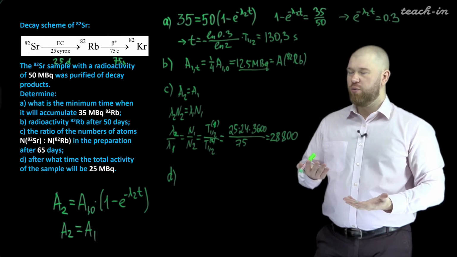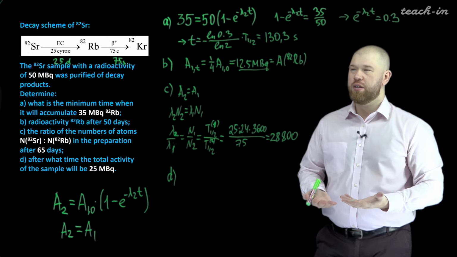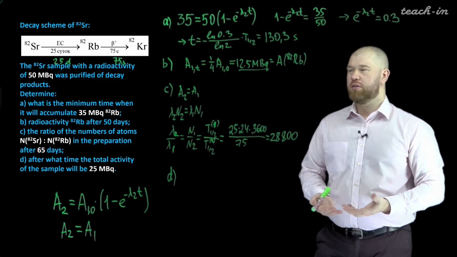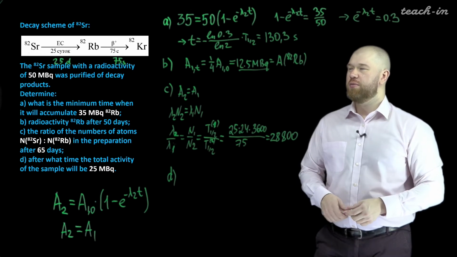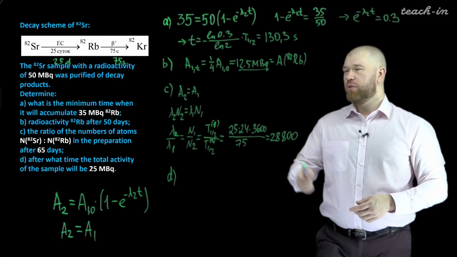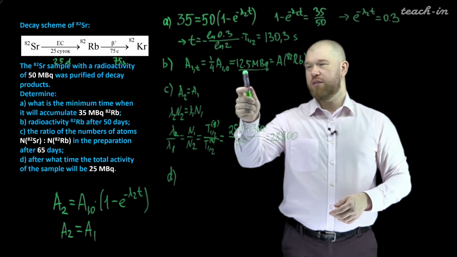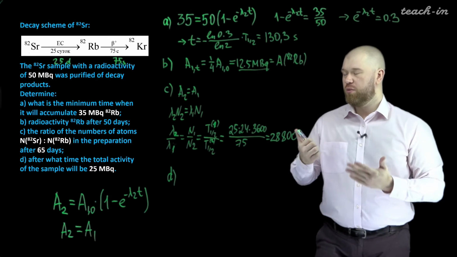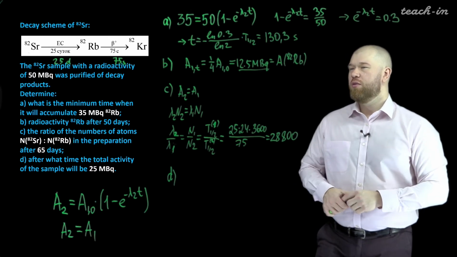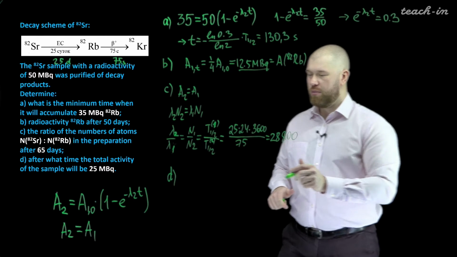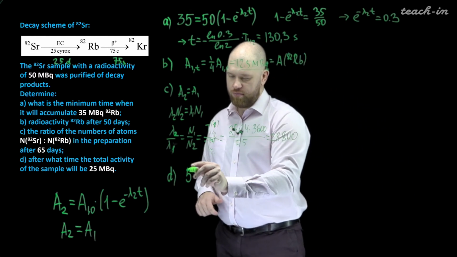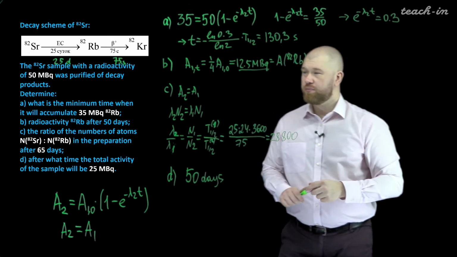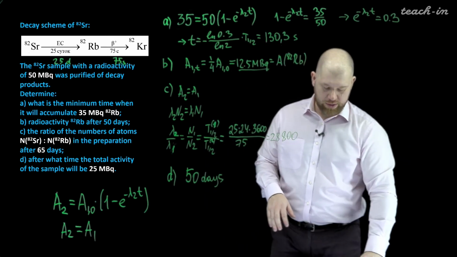Then the activity of each radionuclide will be equal to 12.5 megabecquerels, to have in sum 25 megabecquerels. And we already know that after 50 days the activity of both strontium and rubidium will be 12.5 megabecquerels. So the answer is 50 days. Okay, let's go to the next task.